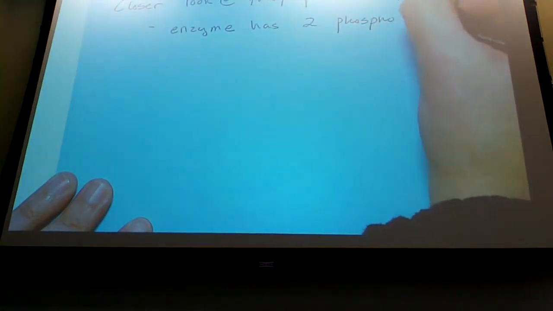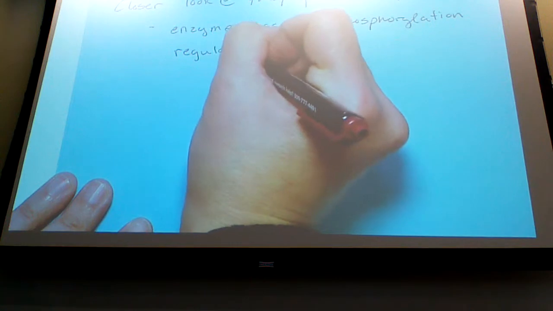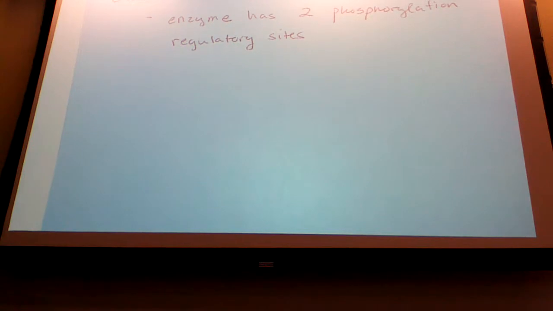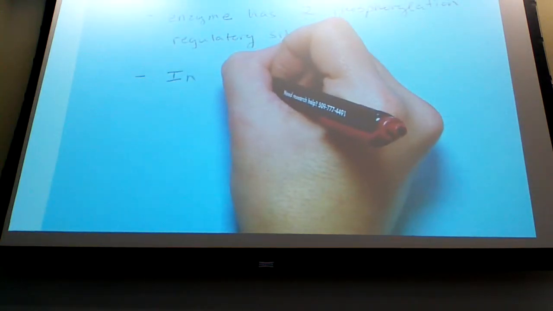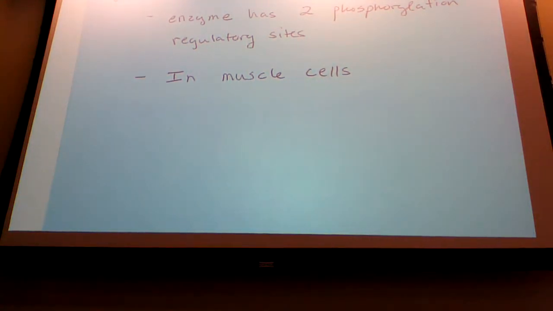This enzyme has 2 regulatory sites that can get phosphorylated. Muscle cells, because this is going to differ depending on the tissue type that we're in.